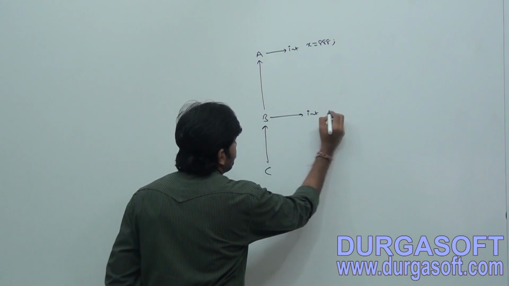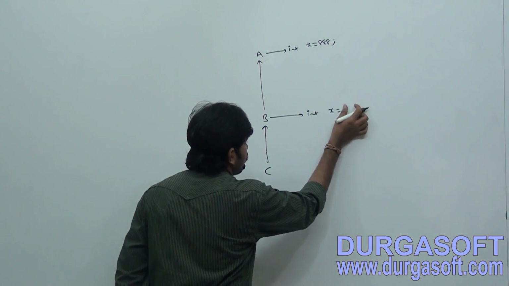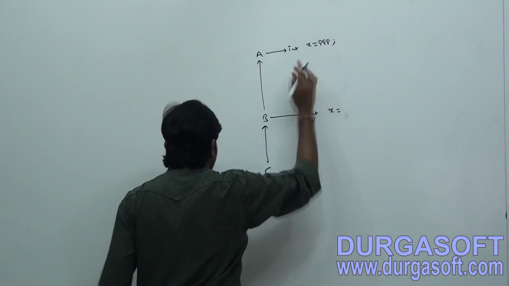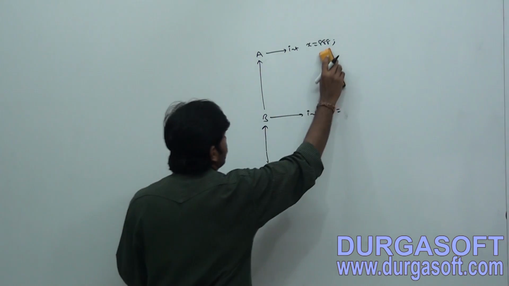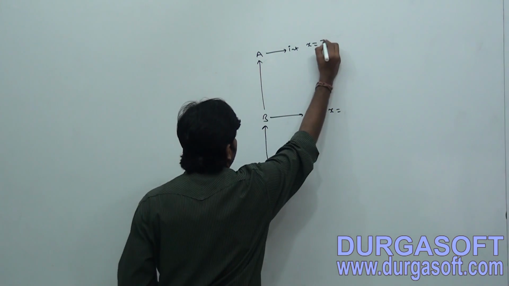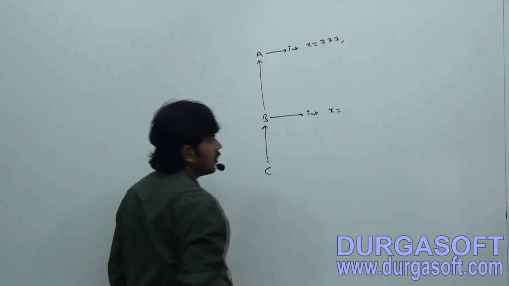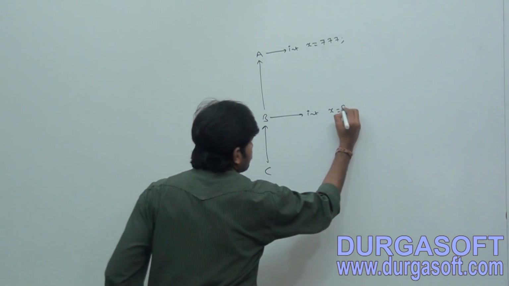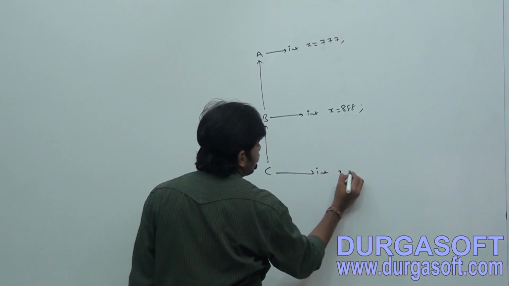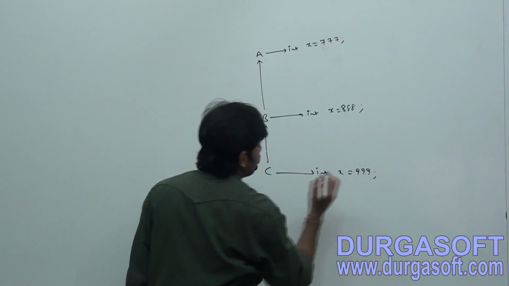B class contains int x is equal to 999. So here 777, 888, 999 we can take, because 3 values are there. A class contains 777. B class contains int x is equal to 888. C class contains int x is equal to 999.